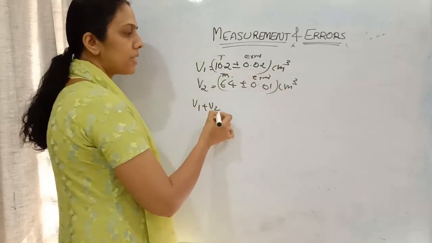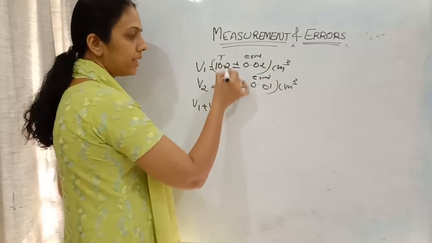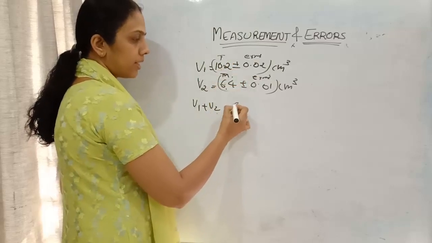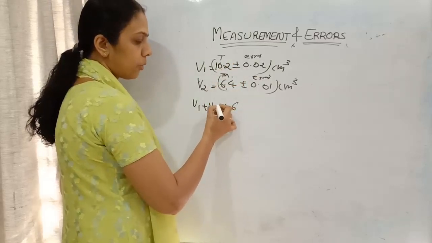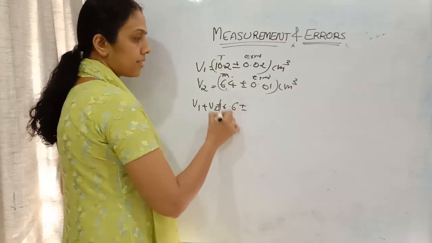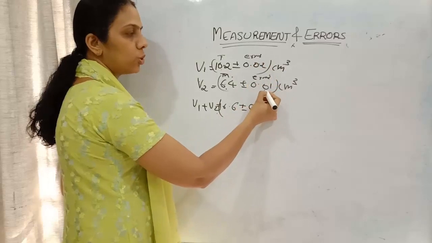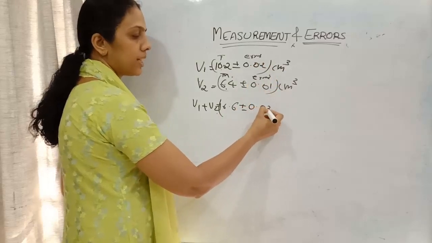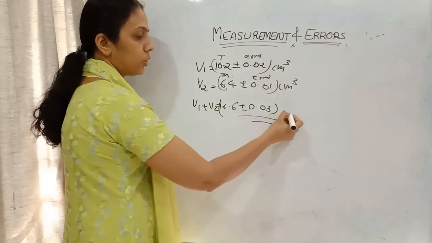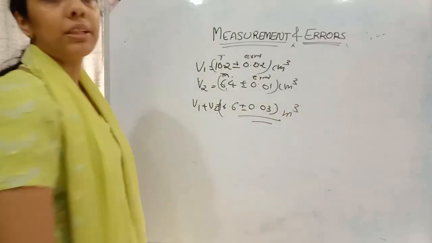So when you are considering V1 plus V2, you can add the measured value parts, that is 16.6 plus or minus. Errors should always be added up. Therefore, 0.02 plus 0.01 you will get as 0.03 centimeter cube. This will be the final answer.